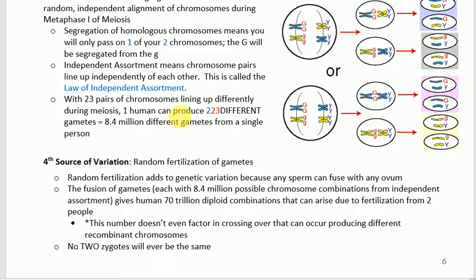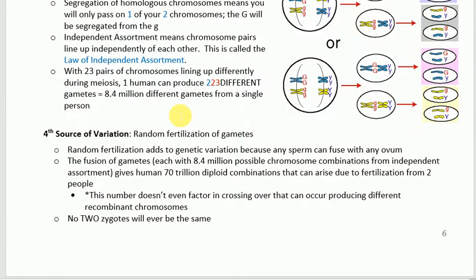Our fourth source of this variation is going to be random fertilization. So it's going to add to our variation because any sperm has the ability to fuse with any ovum. So the fusion of the gametes, each with their own 8.4 million possible chromosome combinations due to independent assortment, gives humans 70 trillion diploid combinations that can arise due to fertilization from two people.